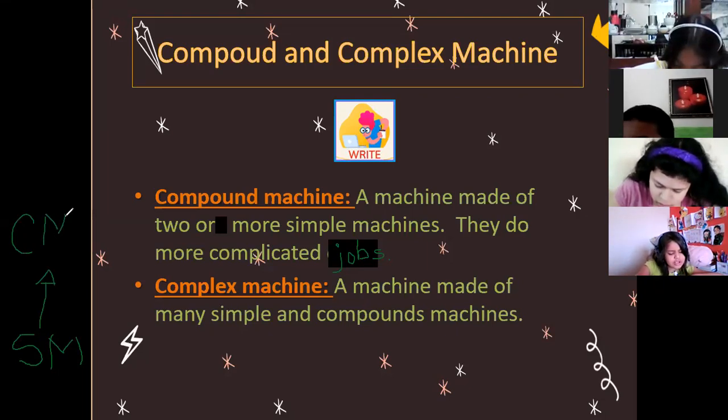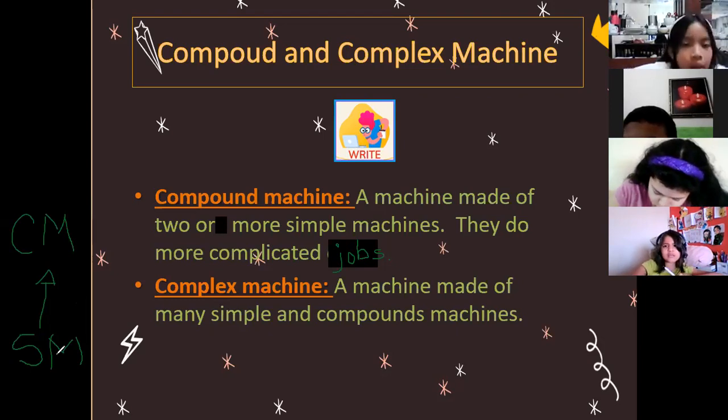But if you put simple machines and compound machines together in one creation, what do you have? You have a complex machine. I finished, Miss Hazel. Okay, Hazel. So that's a complex machine.